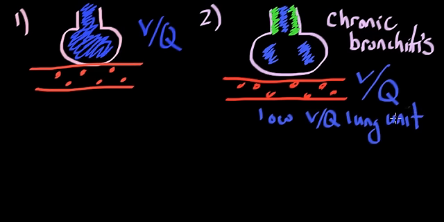And because the blood going by is receiving less oxygen than it should, the arterial concentration of oxygen is lower than in a healthy individual. And there is a larger difference between the alveolar concentration of oxygen and the arterial concentration of oxygen. So this person will have a high AA gradient in the second scenario.